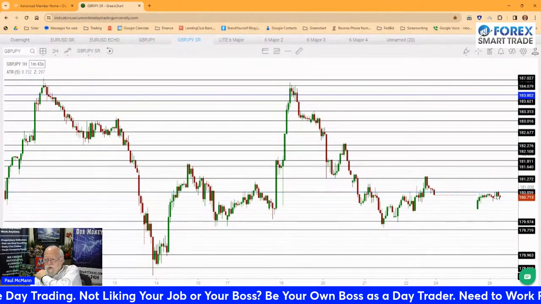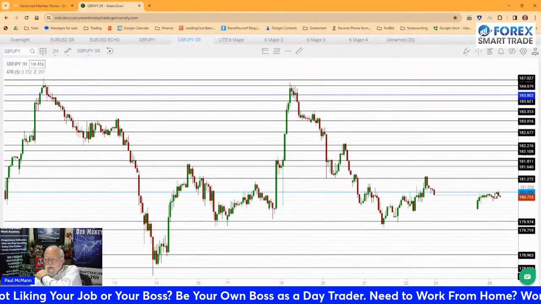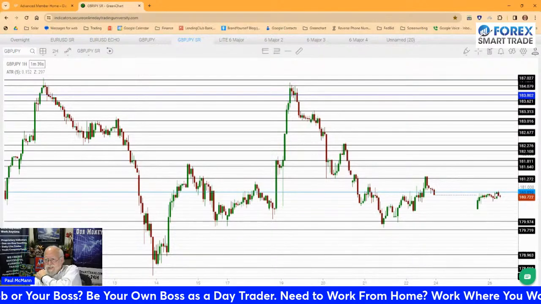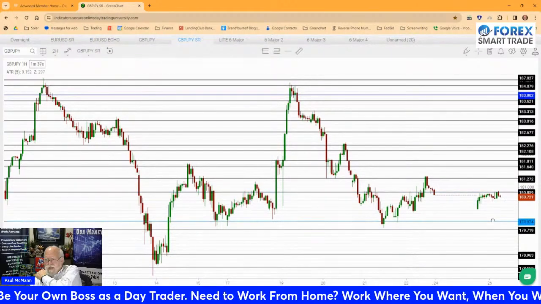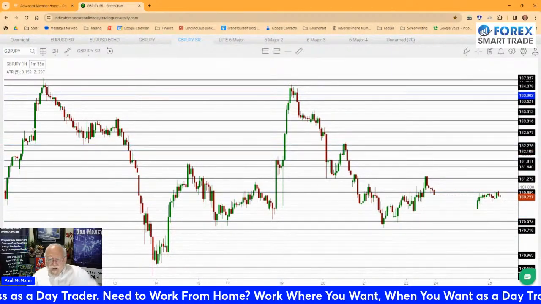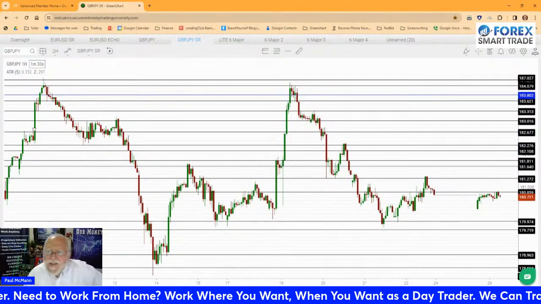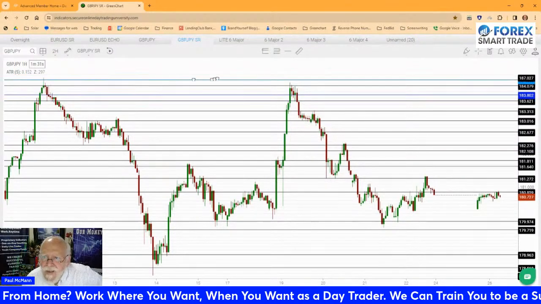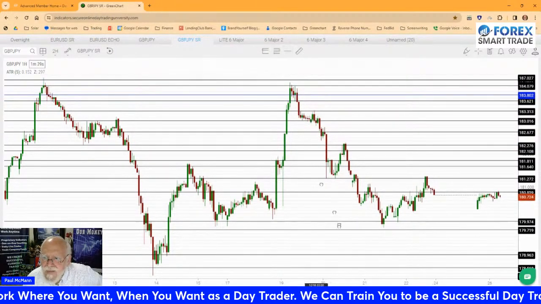So here we were bumping into this resistance, and we've got a kind of a big way down. You might even argue that we're missing a line in here because this is kind of a big gap.